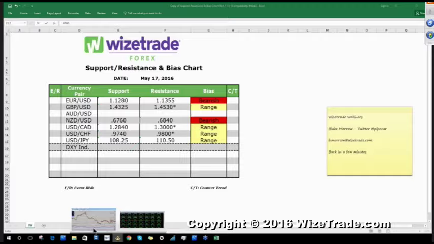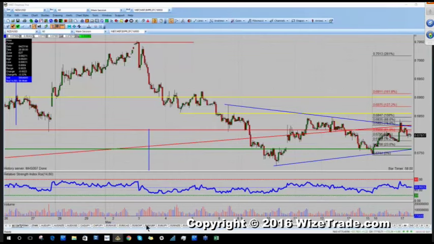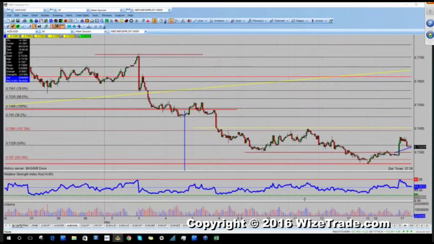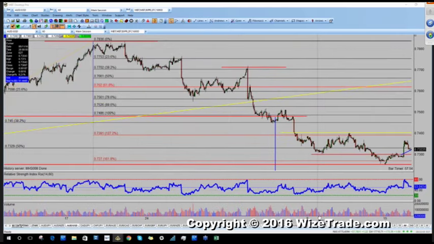Let's go over to the Aussie. Obviously the Aussie had a really good night overnight with the RBA meeting minutes, which really suggests that the RBA is going to stay on hold.